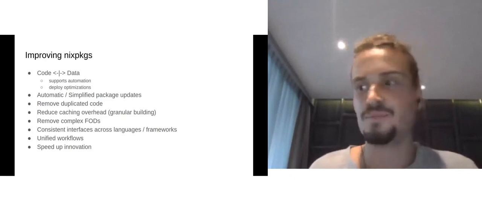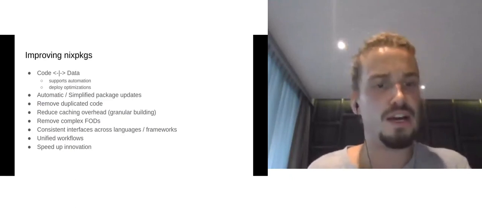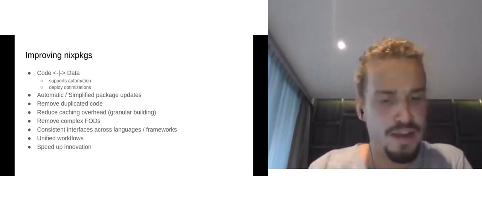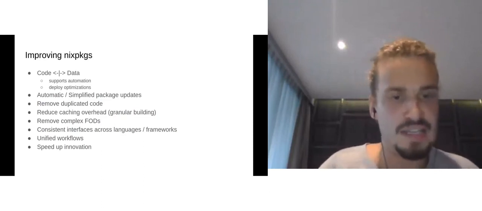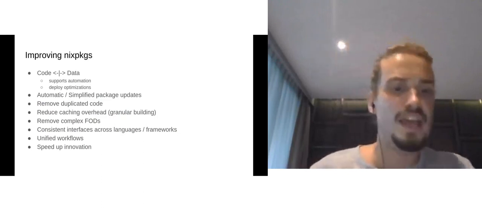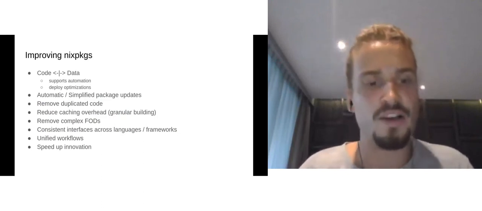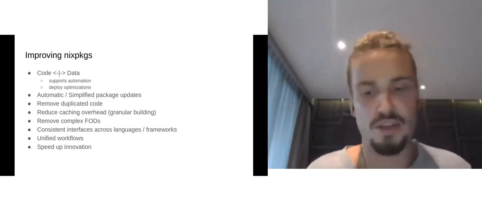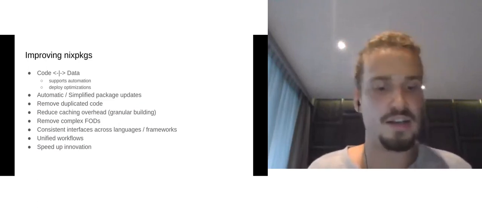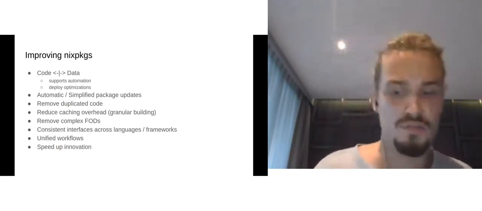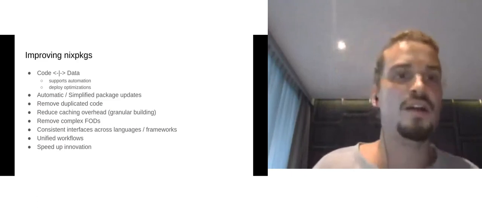For example, the way dream2nix is built right now, if we integrate computed derivations RFC92 into it, then once that gets enabled in Nix packages, it will automatically be enabled for all kinds of packages, which earlier maybe just supported IFD or code generation, but now they're going to support RFC92 as well. And we don't have to update 20 different tools in order to have that new Nix feature used.